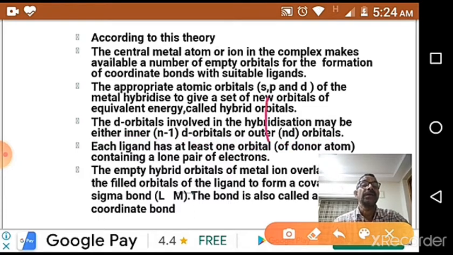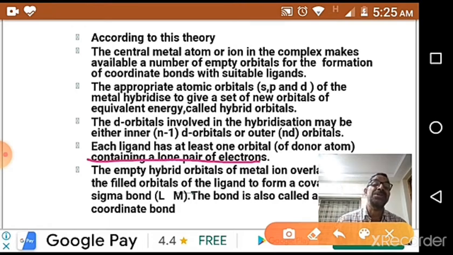Then coming to the next point: each ligand has at least one orbital with two electrons, or a lone pair of electrons. What we discussed in the earlier class is what a ligand is. A ligand is a group which contains an atom with a lone pair of electrons, and it should be able to donate this electron pair to the central atom in the formation of a coordination bond.